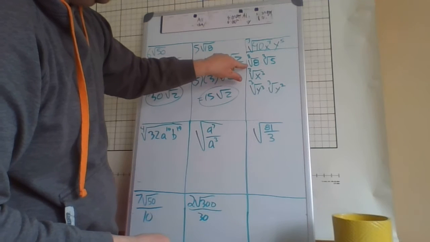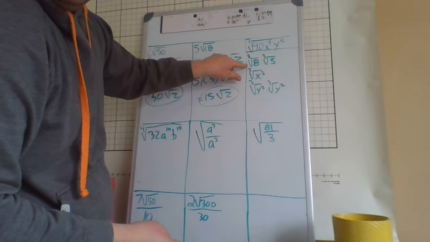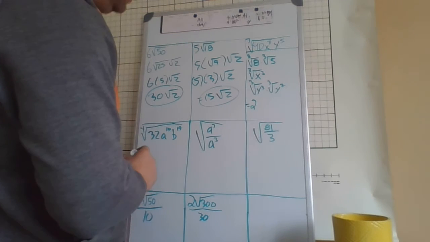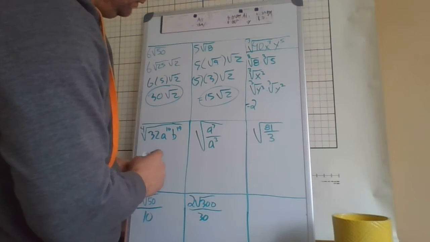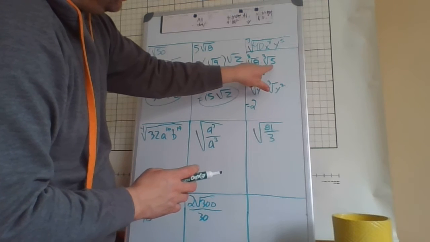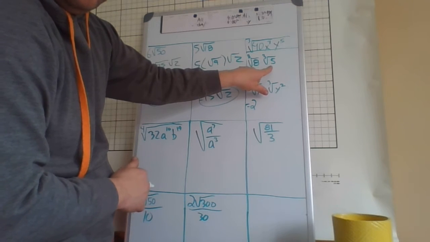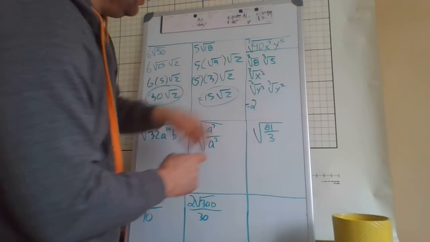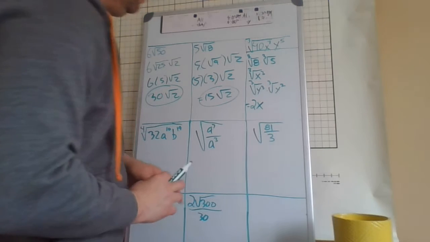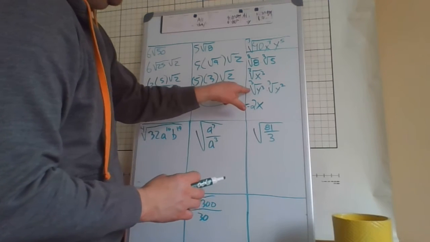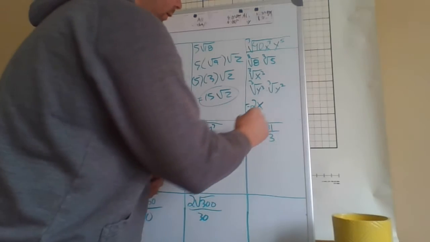Starting with, what is the cube root of 8? Well, the cube root of 8 is 2. What other pieces here have perfect cubes? The cube root of 5 is not going to simplify any further, so I'm going to leave that alone. The cube root of x to the third is x. And the cube root of y to the third is y.